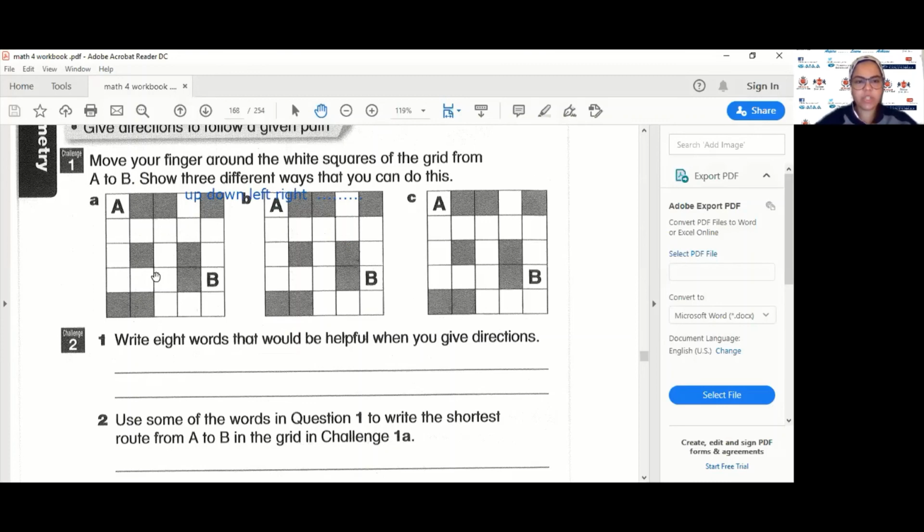This is the shortest one to move from A to B. So if you are going to move here from A to B, this one was the shortest path. Shortest path means that you are going to take the least number of steps. Least number of steps.